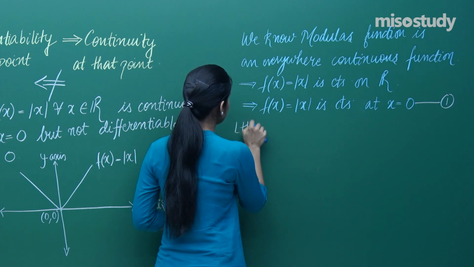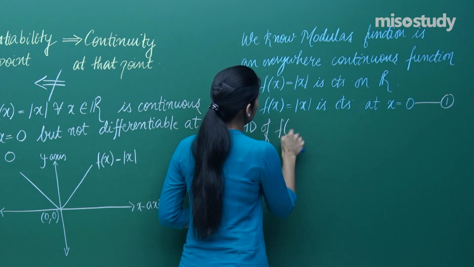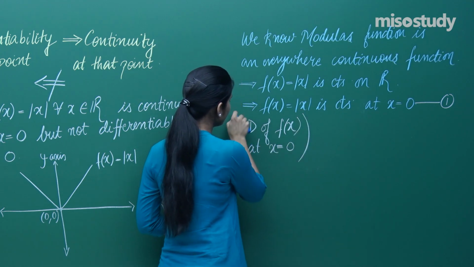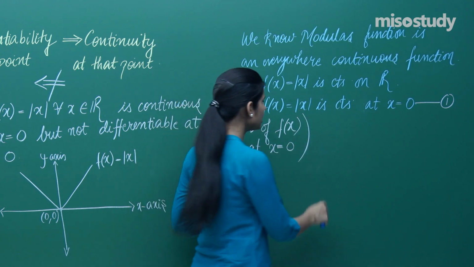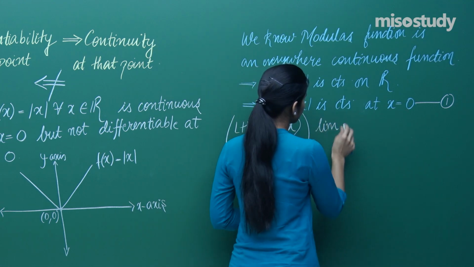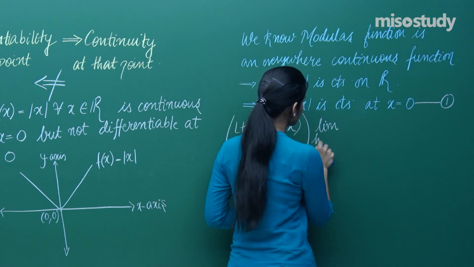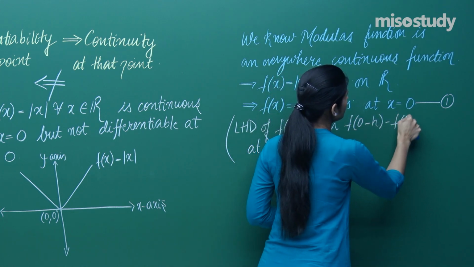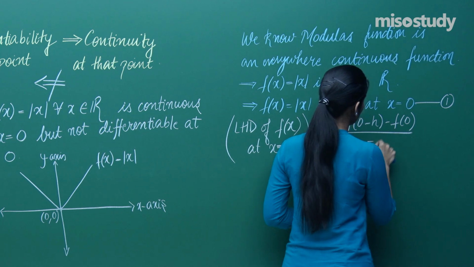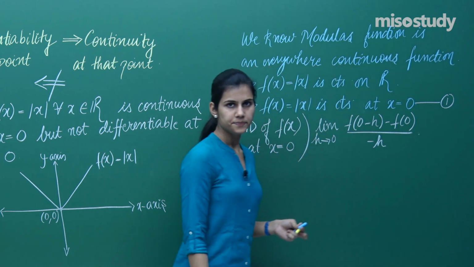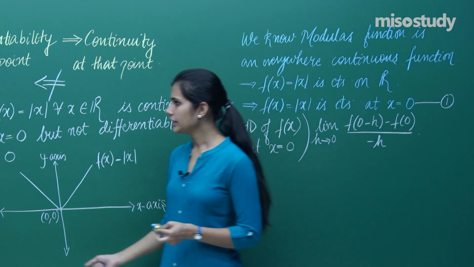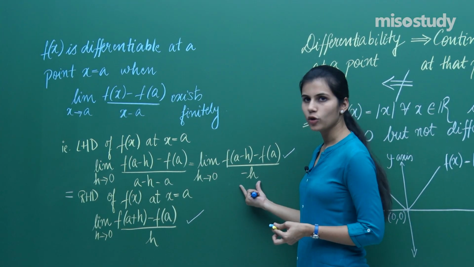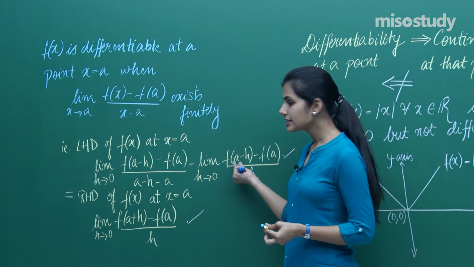So let's begin with the left hand derivative. The left hand derivative of f(x) at x equals 0 will be what? Limit h tends to 0, [f(0 minus h) minus f(0)] whole upon minus h. Right? Just see, limit h tends to 0, [f(a minus h) minus f(a)] whole upon minus h. Here my a is 0.